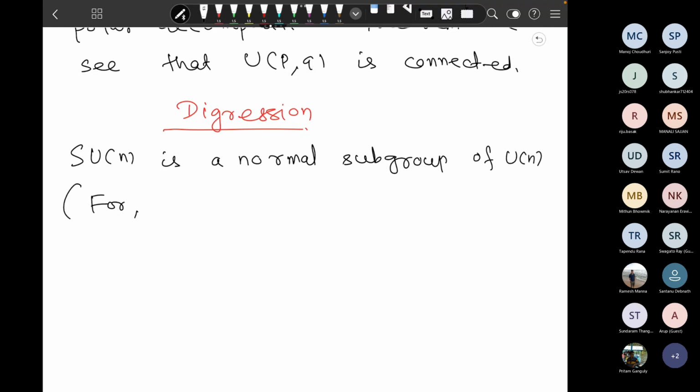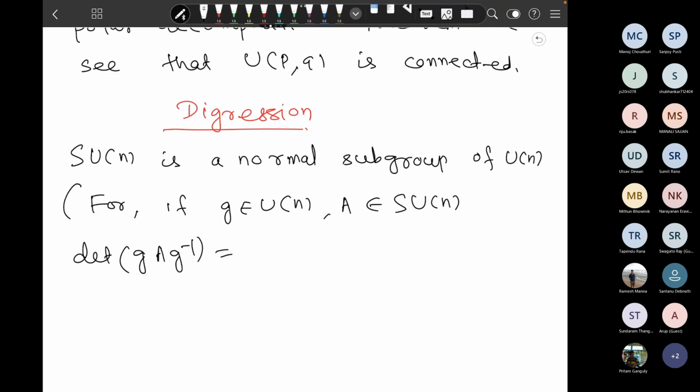If G belongs to UN and A belongs to SUN, then the determinant of G inverse A G is the same as the determinant of A, and this is 1. So this implies G inverse A G belongs to SUN.